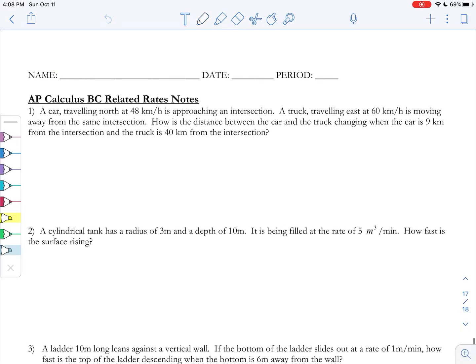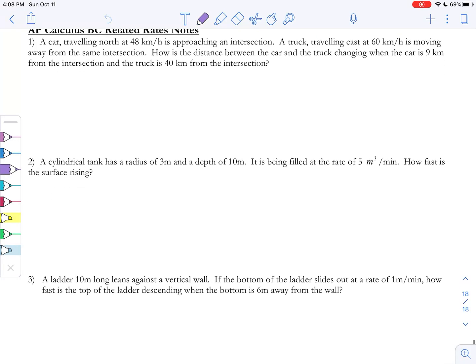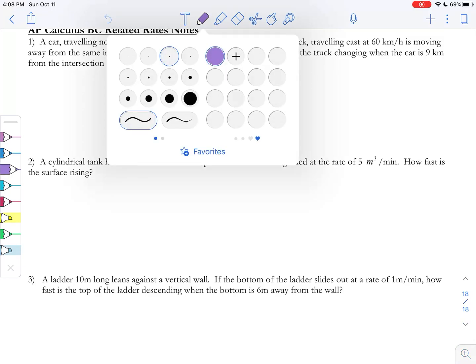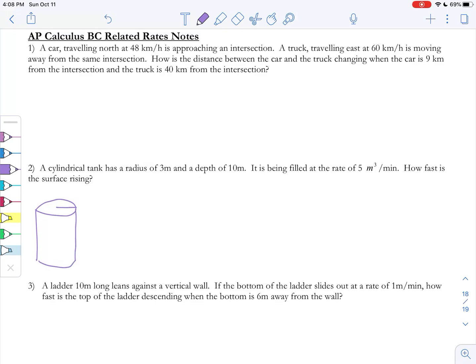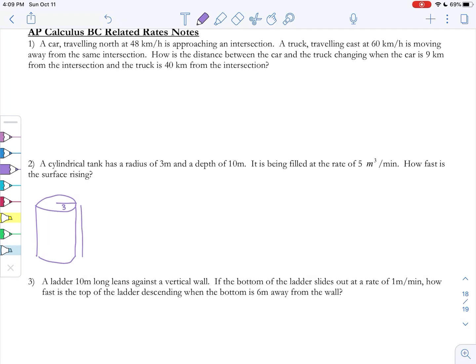So first let's sketch our picture. We always do so with the given information: a cylinder with a radius of 3 meters. And anytime we are doing a related rates problem, we want to think of the scenario in terms of time passing and whether or not the unit of measure is changing with respect to time.